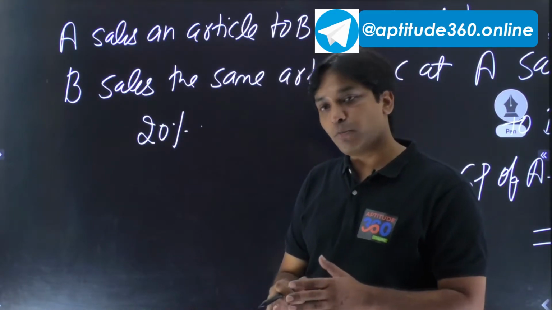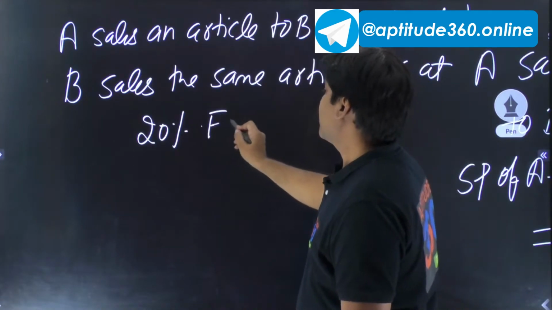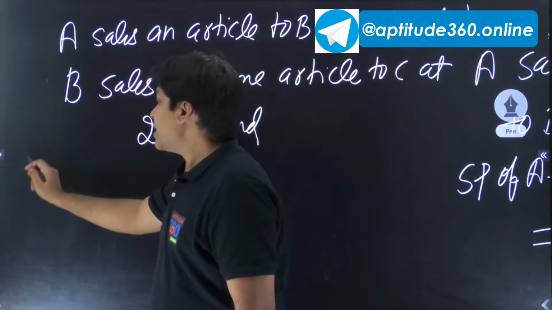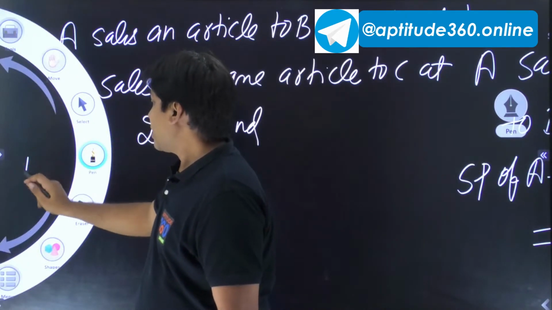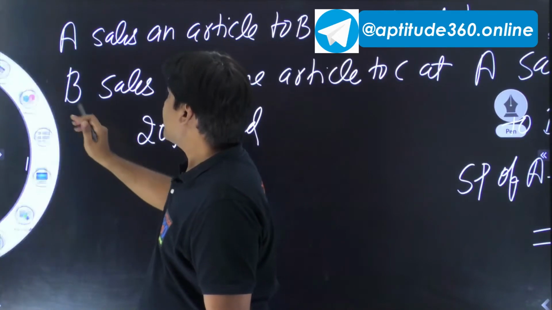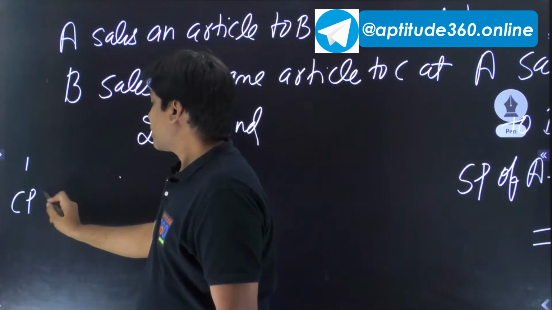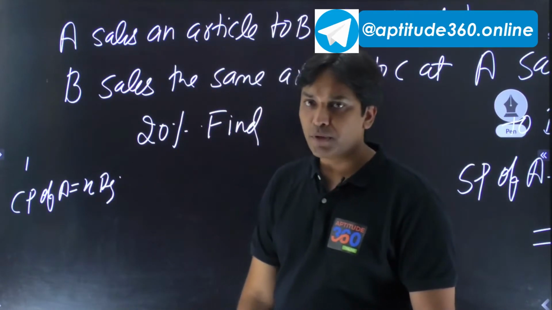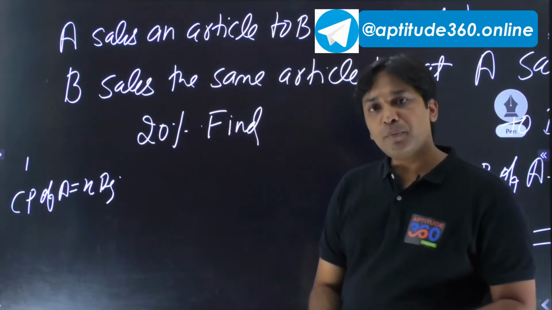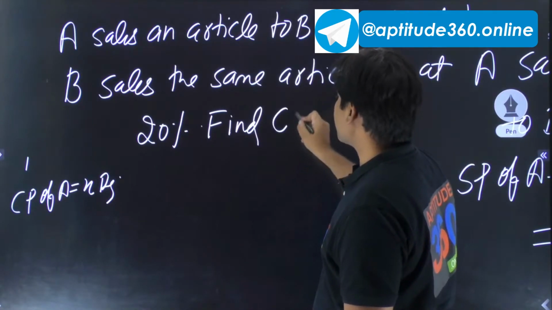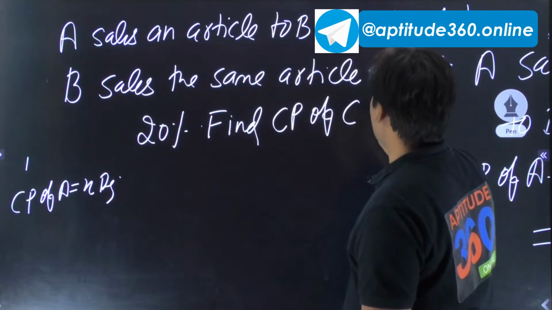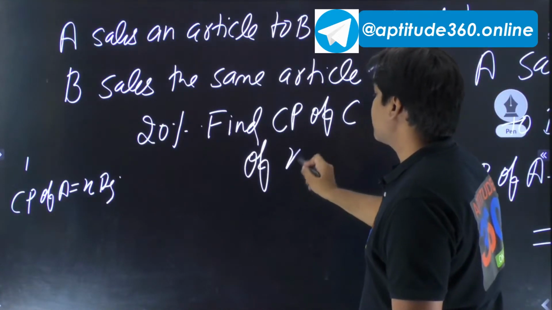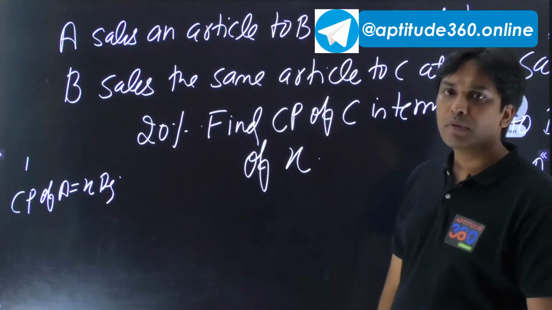We should assume that the CP of A is equal to X rupees, that I have assumed, right? So find the CP of C in terms of X. A very simple problem.